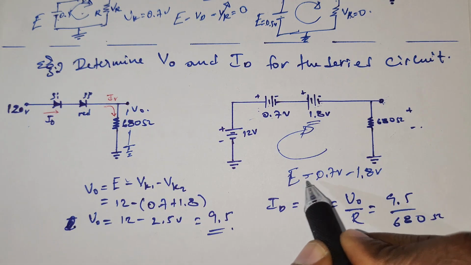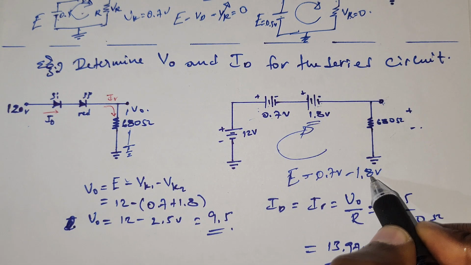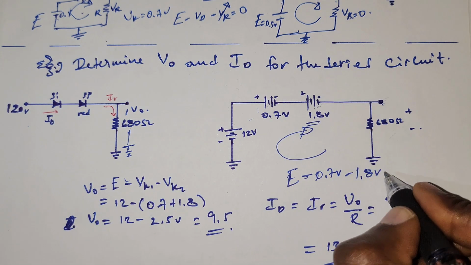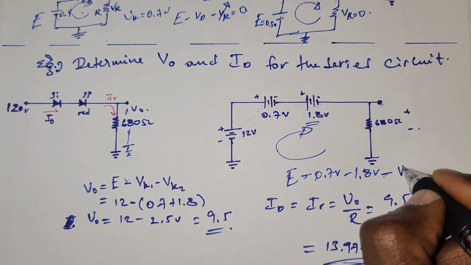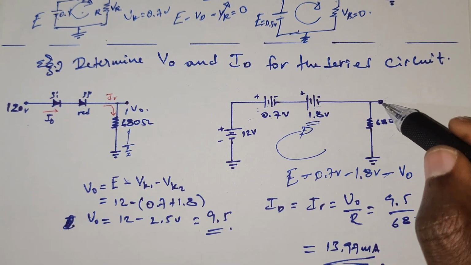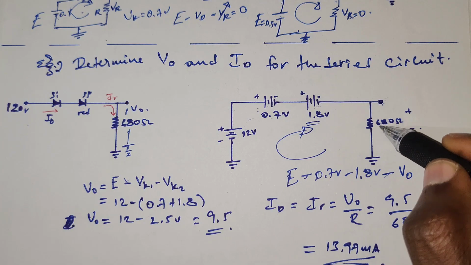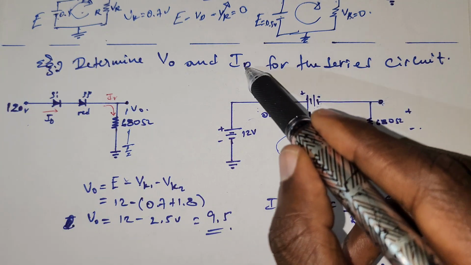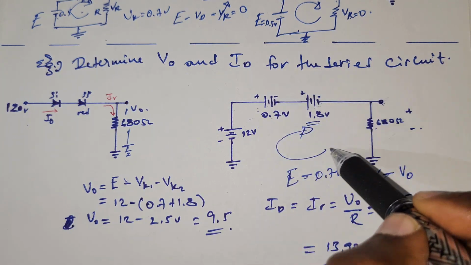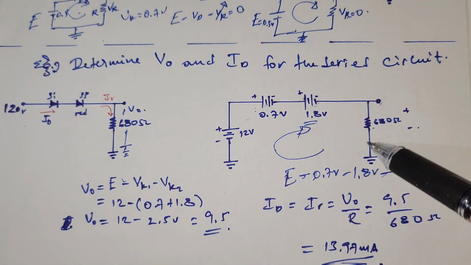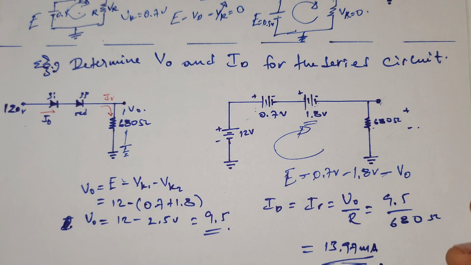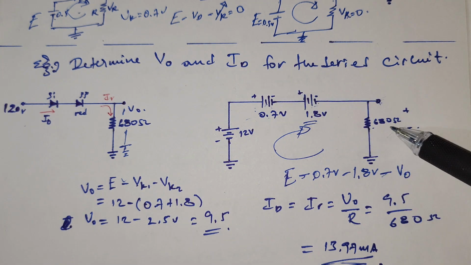So E minus 0.7 volt minus 1.8 volt minus VR, or the V output, which is equal to 680 times ID, the current flowing through this, because the 4 components are in series. So VR means IR times 680 ohm.